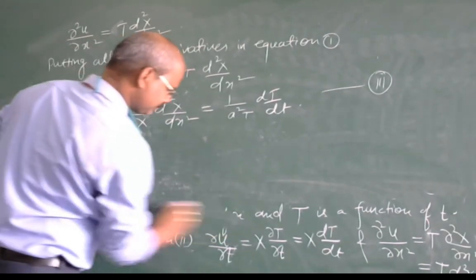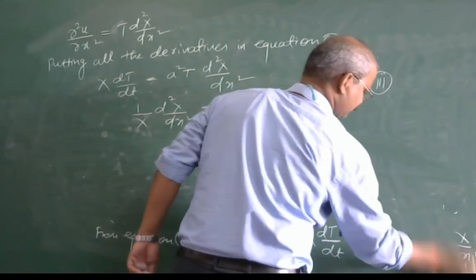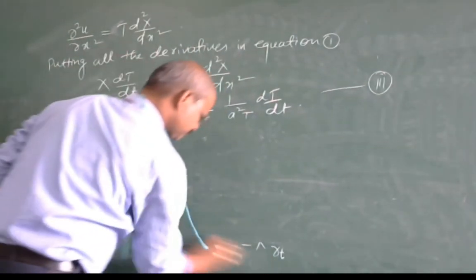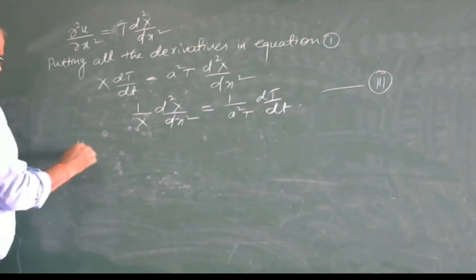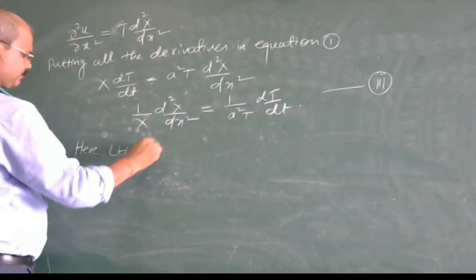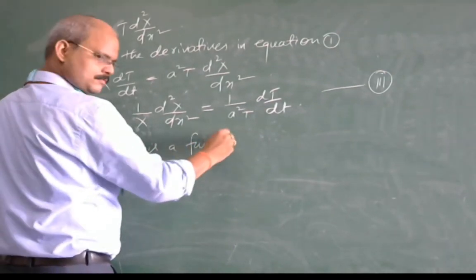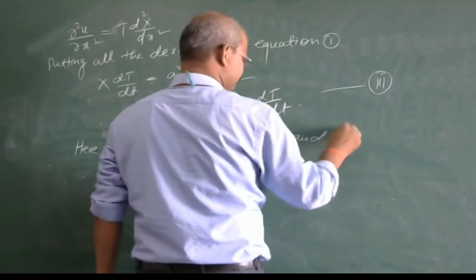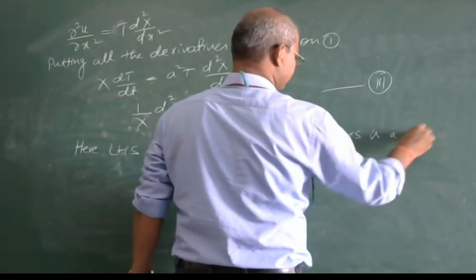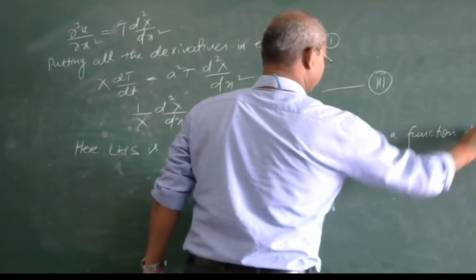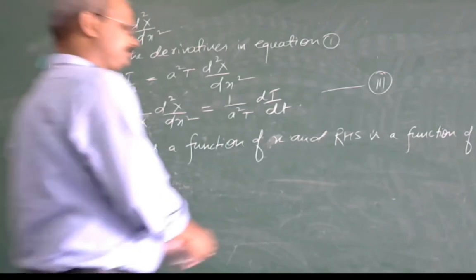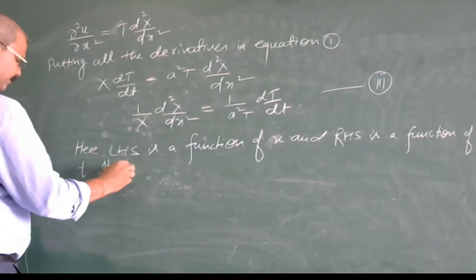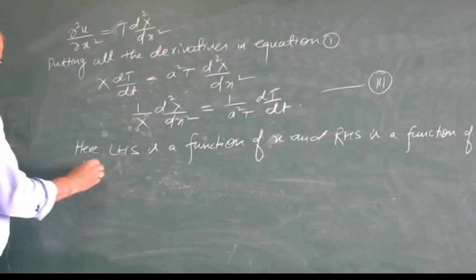Here the LHS is a function of x and the RHS is a function of t, and both are equal.